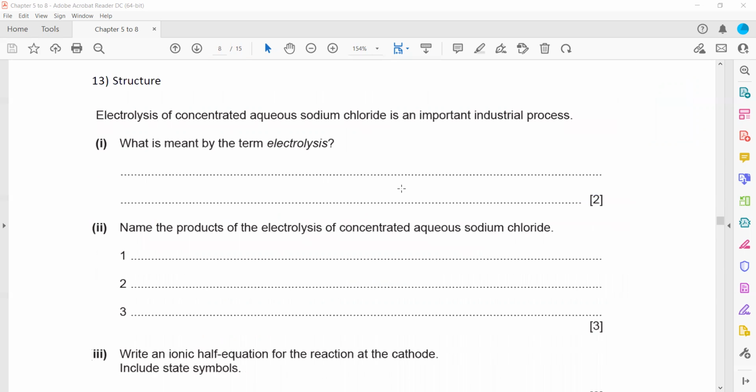In question 13, what is meant by the term electrolysis? As I mentioned, try to learn these definitions. So what is the definition of electrolysis? Breaking down of ionic compound in molten or aqueous state by passing the current.